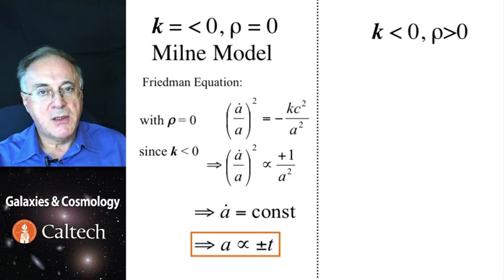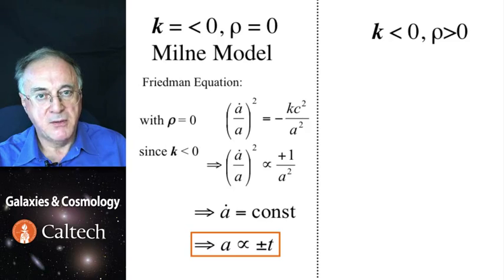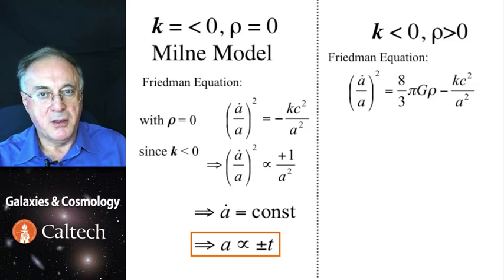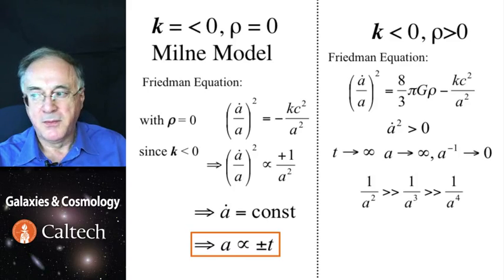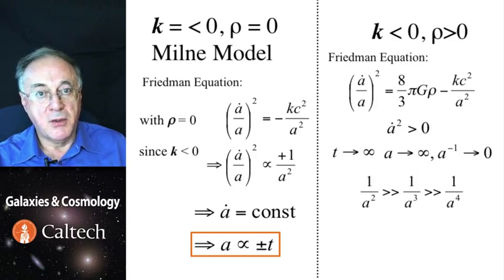All right, now let's consider a slightly different version of that. Again, the curvature constant is negative, but this time density is finite and positive. The Friedmann equation is now shown here. And this time, the square of the time derivative of scale factor is positive. Well, as the universe expands, time goes to infinity, scale factor will go to infinity, and 1 over the scale factor will go to 0.